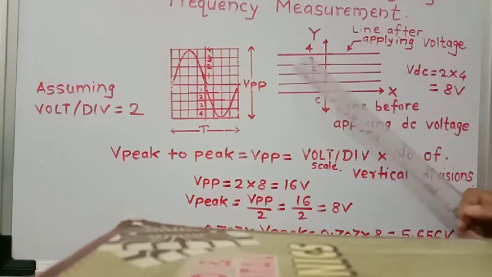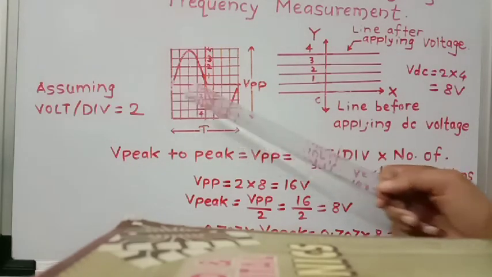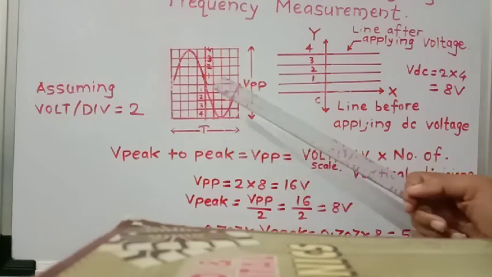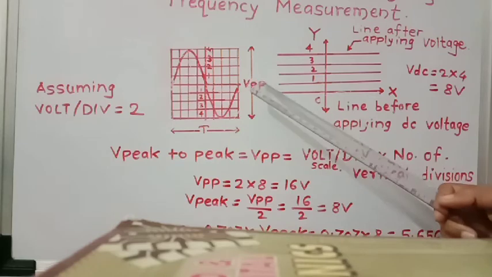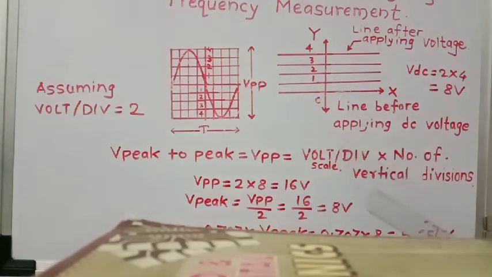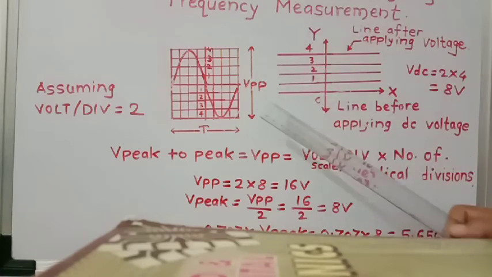Since time per division is 1 millisecond and the number of divisions is 8, the time period T is equal to 8 into 1, that is equal to 8 millisecond.